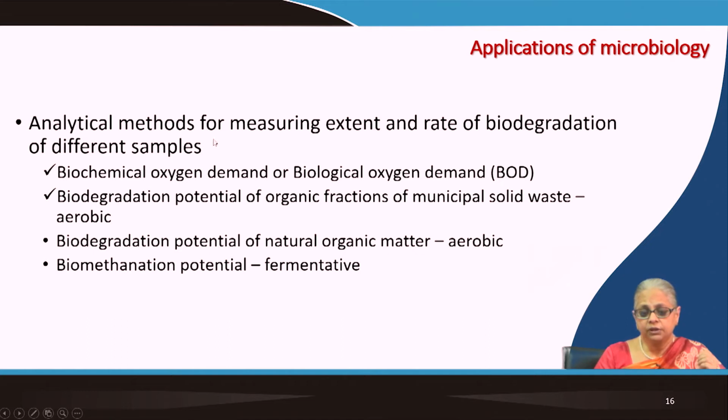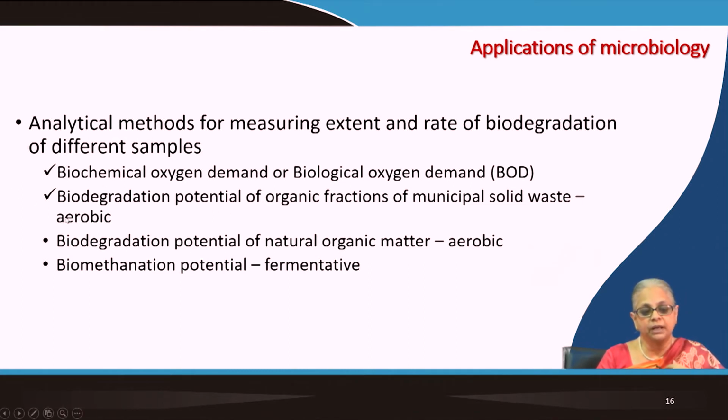So we have a large number of organic fractions in municipal solid waste. And from a management perspective, if I want to design treatment processes, I need to know what the biodegradation potential of each fraction of municipal solid waste is. And we can do this under aerobic conditions as well as under anaerobic conditions.